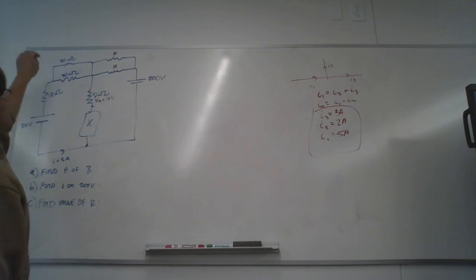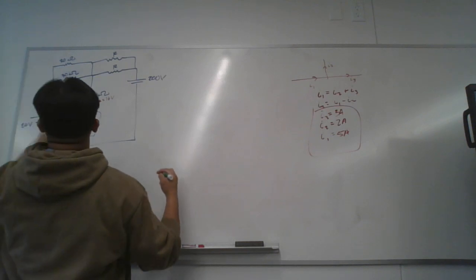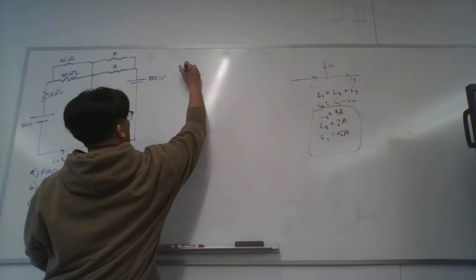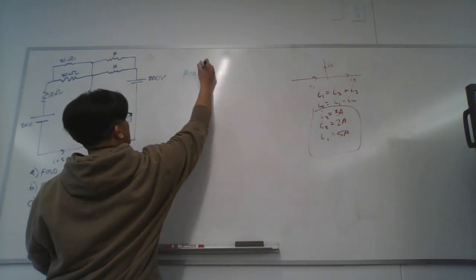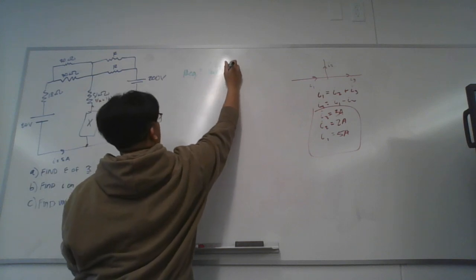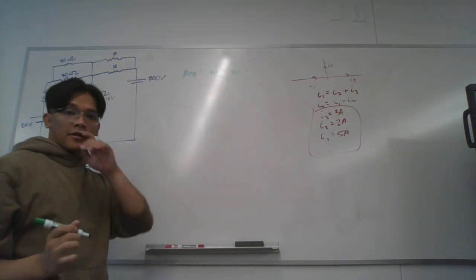Let's do this top one first. This one has 20 and 30 in parallel, so the equivalent resistance is 1 over 20 plus 1 over 30, to the negative 1.